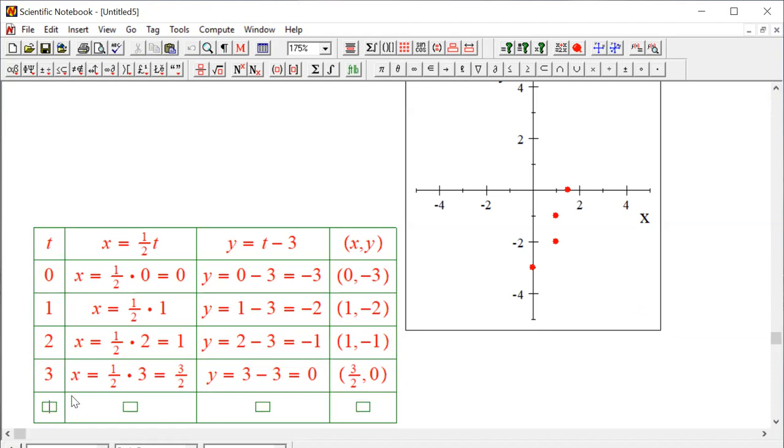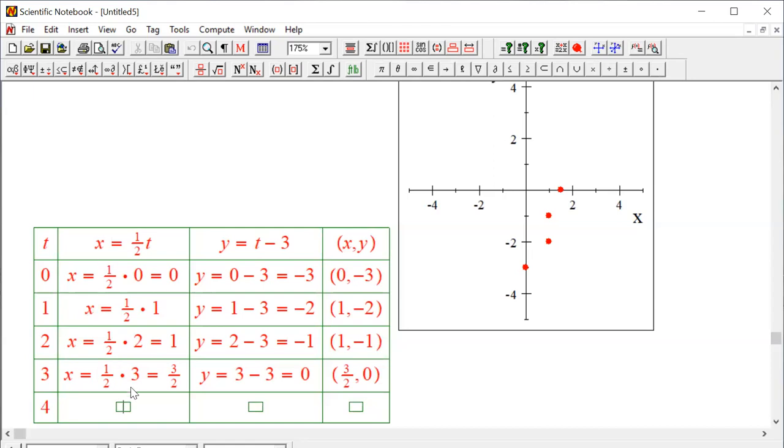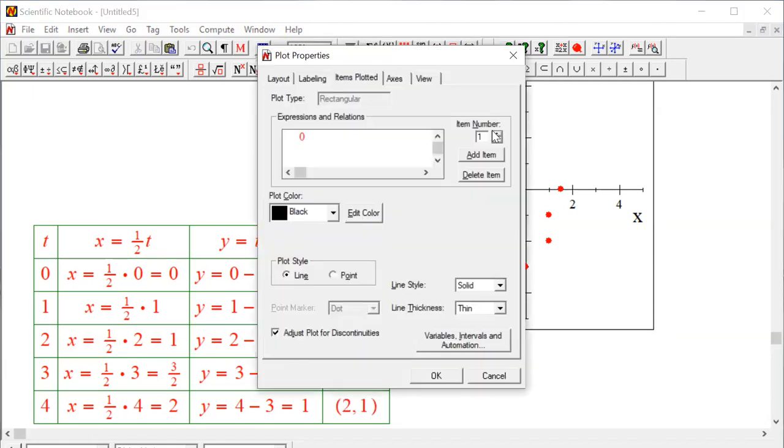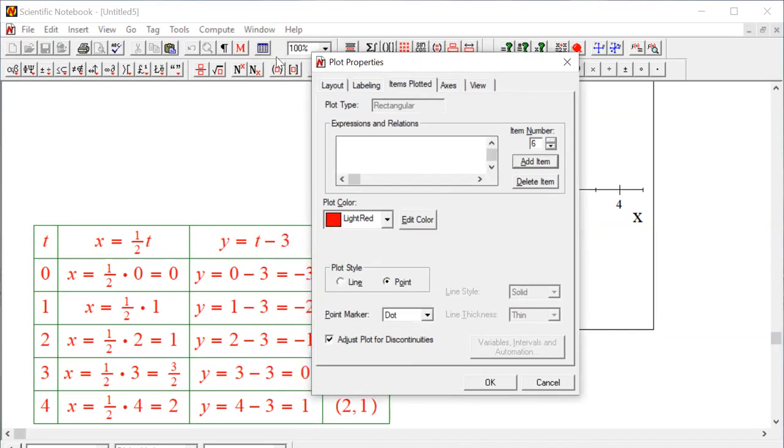So number 4, right? Let's try another point. x is equal to half of t. t is 4, and half times 4 is 2, and y is equal to 4 minus 3, and that equals 1. So the next point is 2, 1. So we're going to put 2, 1 right there.